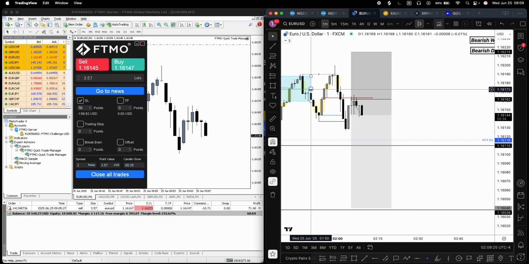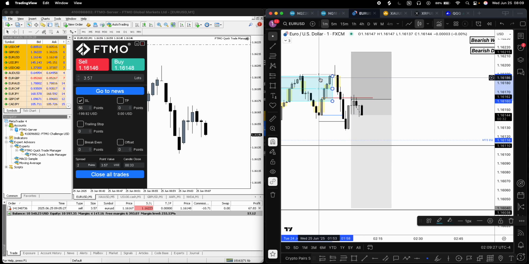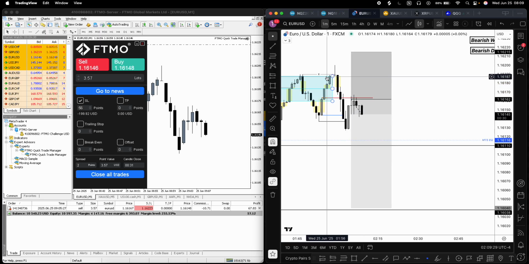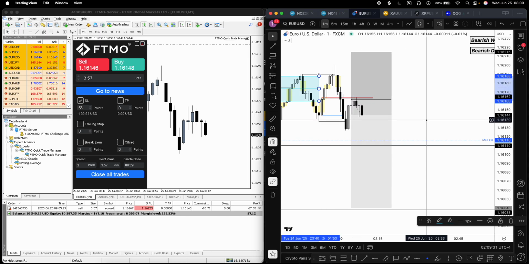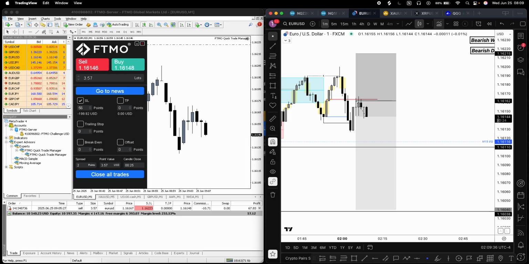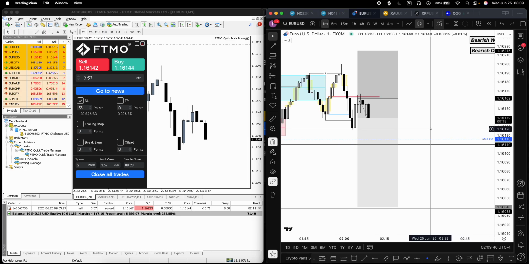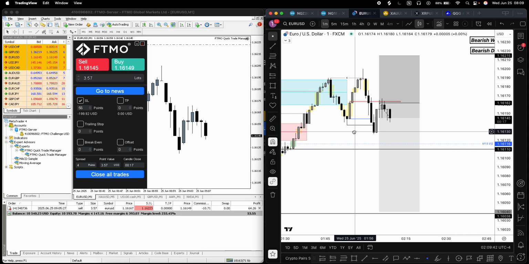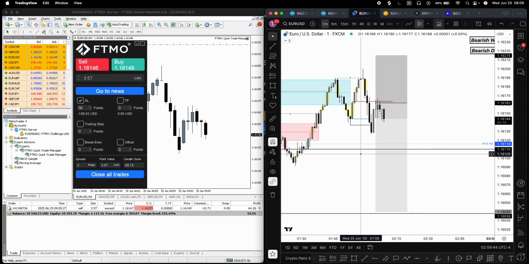I like how these did close above this 5-minute fair value gap, but by the way, this is the 1-minute chart. Each candle is 1 minute. You can see here's the countdown to the next candle. We got the entry model, got displacement, that's good.